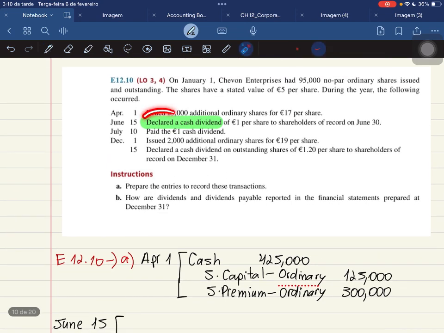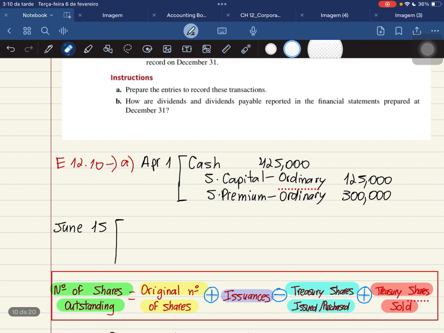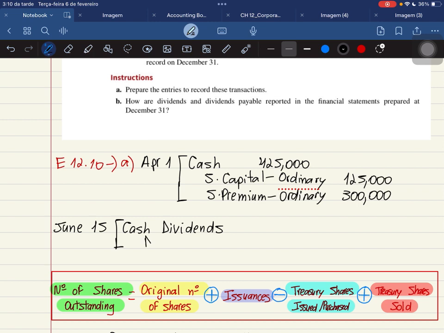Since this is the declaration of a cash dividend, we cannot credit or debit cash, right? Because this is not the payment, this is just a declaration, which means that what we are actually going to debit is cash dividends, because like it was stated, it is a cash dividend, so cash dividends go up. And since I have these dividends that I have to pay in the future, I have to credit dividends payable, right?